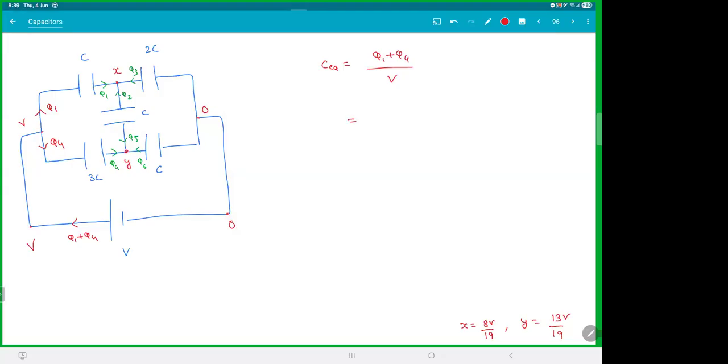And what is Q1 and Q4? Q1 is nothing but C into V minus X. Q4 is nothing but 3C into V minus Y by V. Substitute X there. The V will cancel anyway. You'll get C into 1 minus 8 by 19 plus 3 into 1 minus 13 by 19.